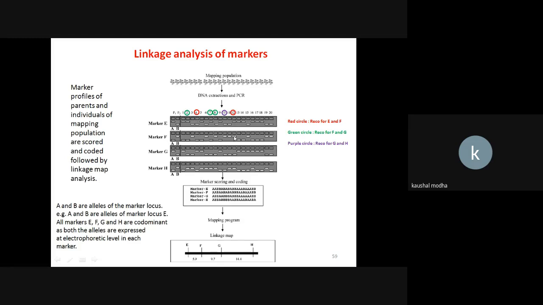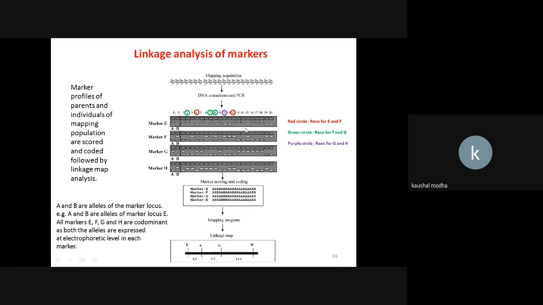This is also recombinant, RIL number 12. You can see the profiles are different from the parents. That doesn't belong to one parent; it shows the characteristics of both parents. So we classify that as recombinant. And that's how the number of recombinant individuals is identified from the marker profiles E and F.